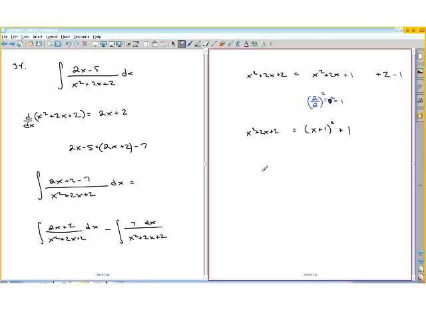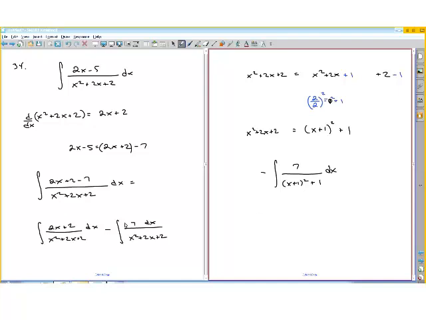So the second part of this integral can be rewritten as 7 divided by x plus 1 quantity squared plus 1 dx. So these two things are equivalent to each other, but now it's in a form where I can let this be u and this be a, and this can be u squared and this can be a squared.